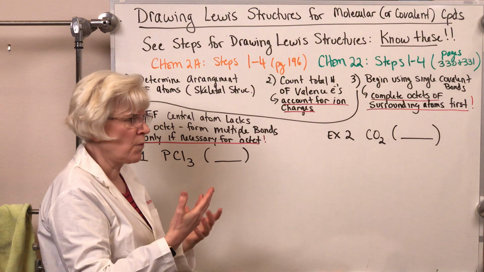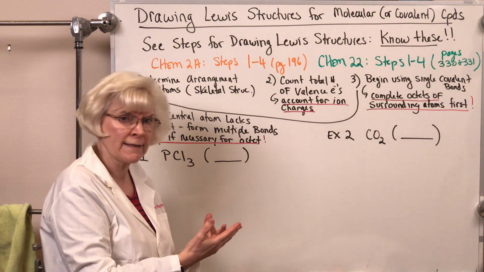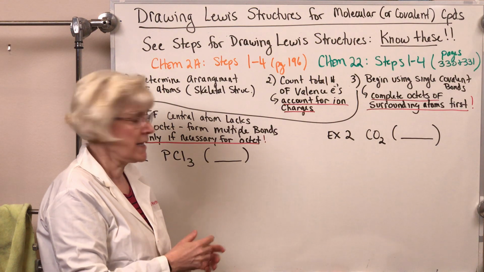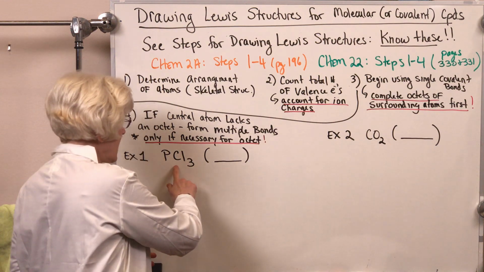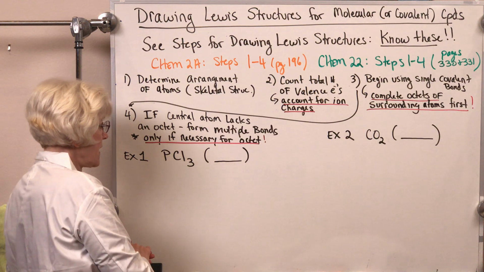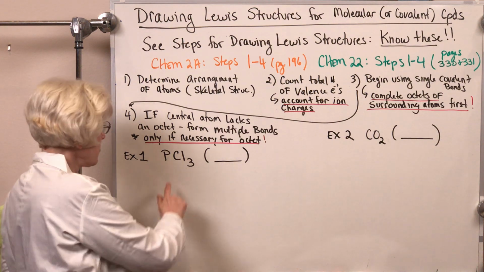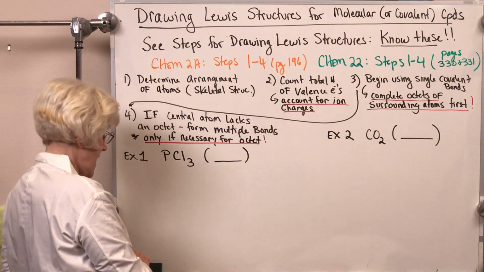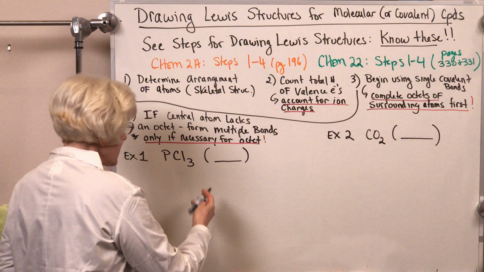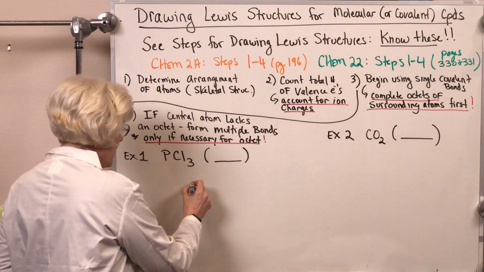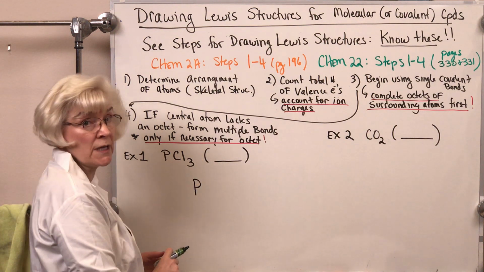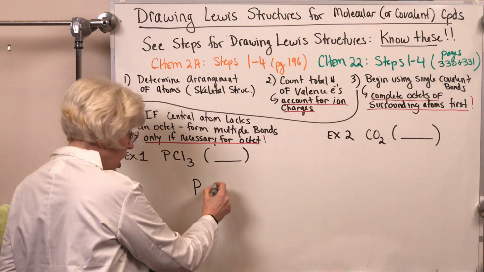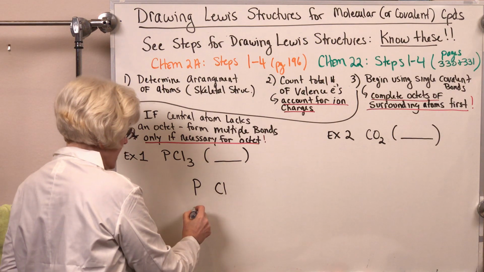What's a very helpful guideline when you're first beginning to draw Lewis dot structures is that if you look at the formula of the compound, so here we have phosphorus trichloride, we see 1 phosphorus and 3 chlorine atoms present in the formula. What's helpful to remember at the beginning is that if there is only one of one kind of atom, then it is usually or often the central atom.